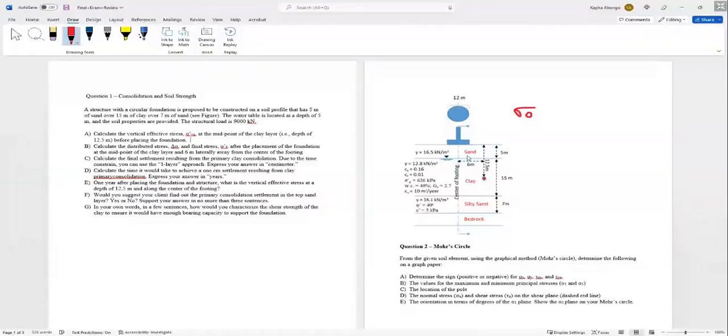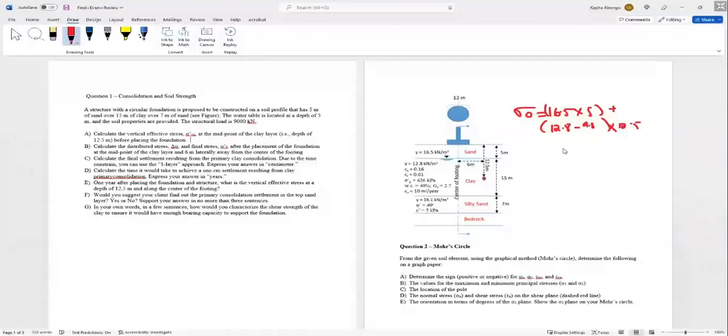So we have 16.5 times 5, plus, the middle is right here, 12.8 minus 9.8 times 12.5.